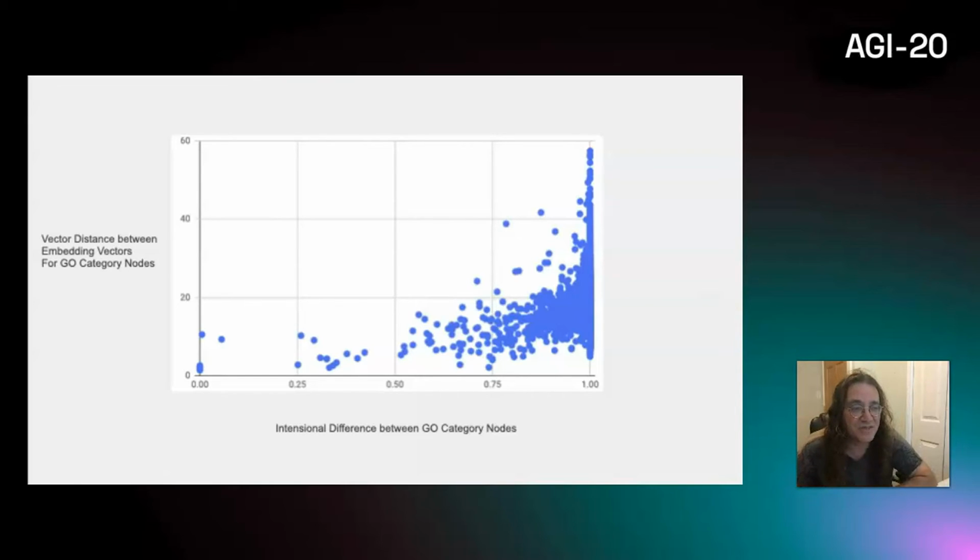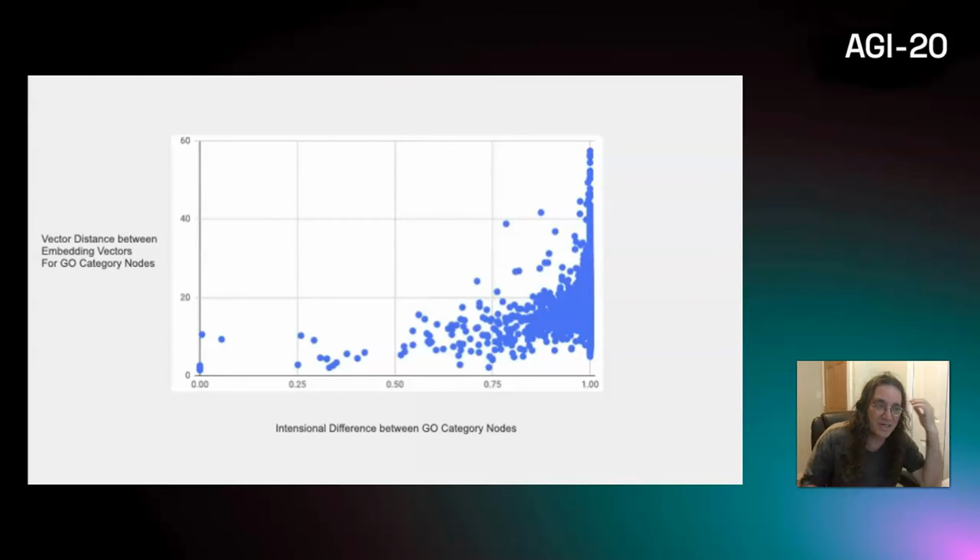But when the intensional difference is away from 1, so the nodes have some properties in common, then you have a vaguely linear-ish increasing relationship between the intensional distance and the vector distance, which makes sense because the embedding vectors DeepWalk is giving you are supposed to denote the properties of the node, which is what the intensional difference is looking at.